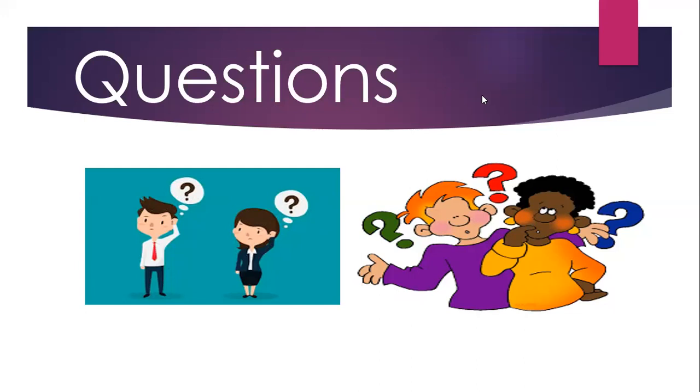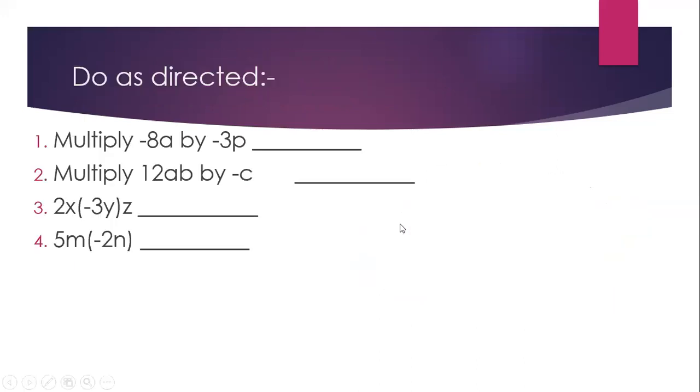So, the question is on your screen. Do as directed. You have to multiply minus a by minus 3p. Hania is raising her hand. Yes, Hania. Very good. We are getting the answer.